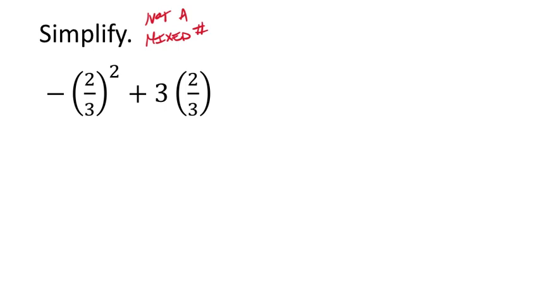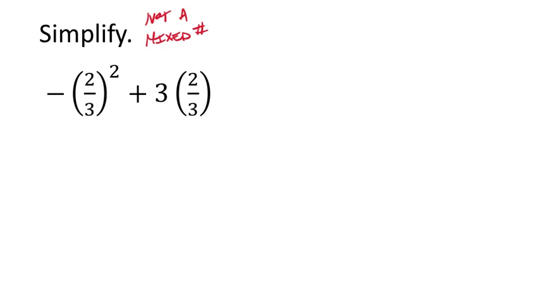Because we're used to, especially in the fractions unit, which we are in, just with signed fractions, seeing, well, that's a mixed number right there, 3 and 2/3. No, that's not what we're looking at right there. This is 3 times 2/3. Okay, so we need to be careful on those. That is not a mixed number. Once you see the parentheses, you know it's a separate, well, now a factor from the 3. It is not part of a mixed number.